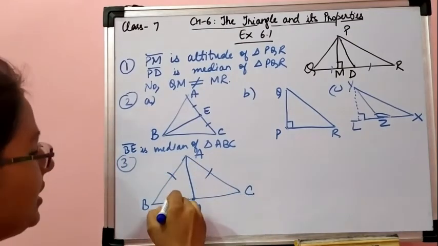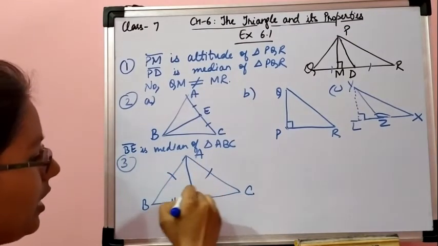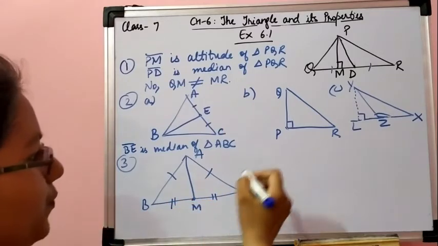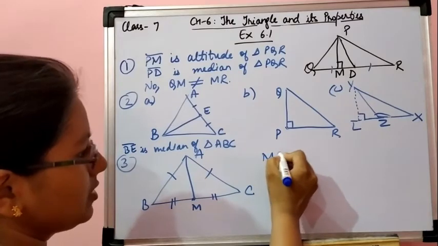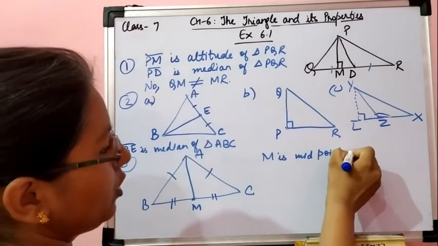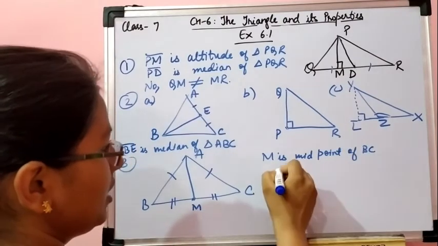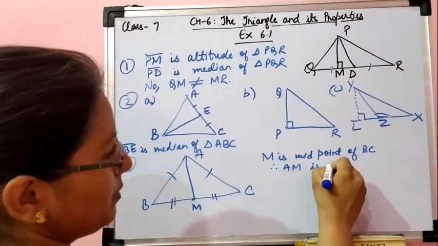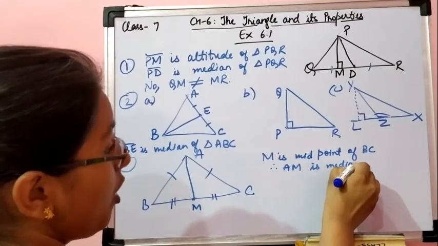Now you all can see that M is the midpoint of BC. Therefore, we can write that M is midpoint of BC. Therefore, AM is median.